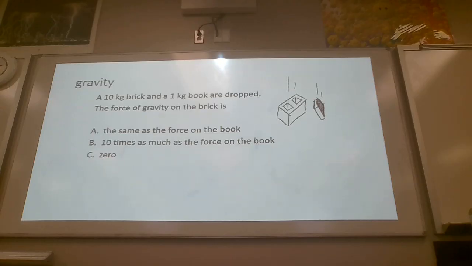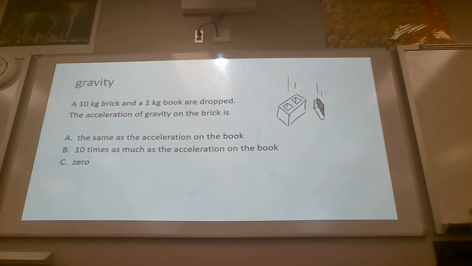Thumbs up when you have a guess. Okay, before you have a conversation, check out this follow-up question. Same scenario, but a different question.